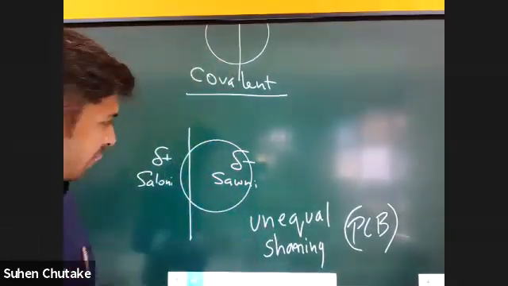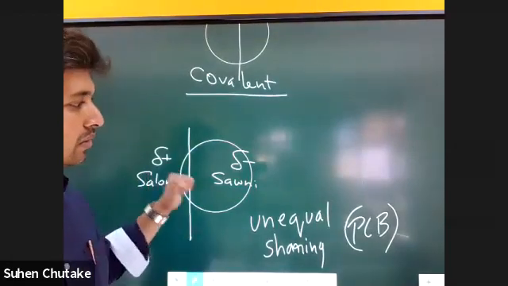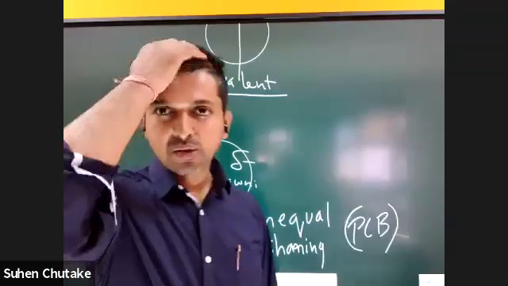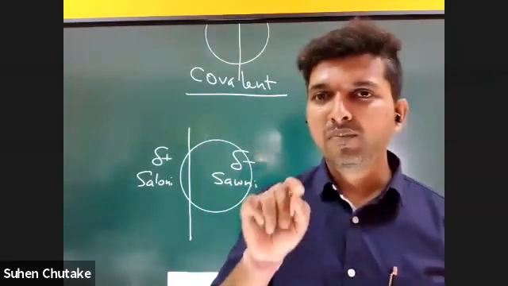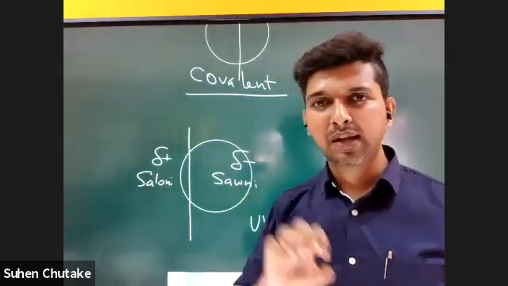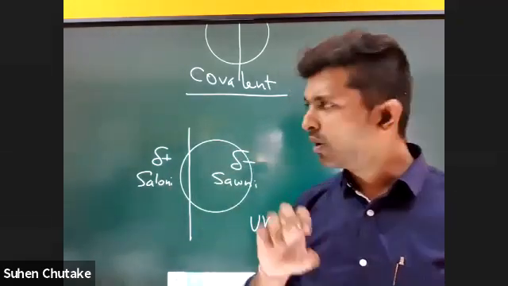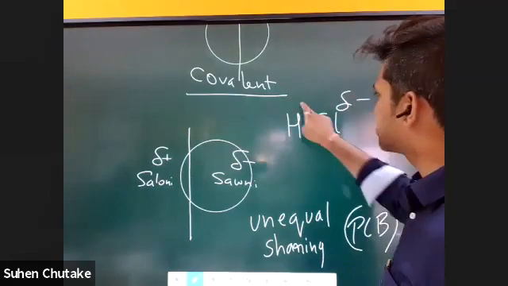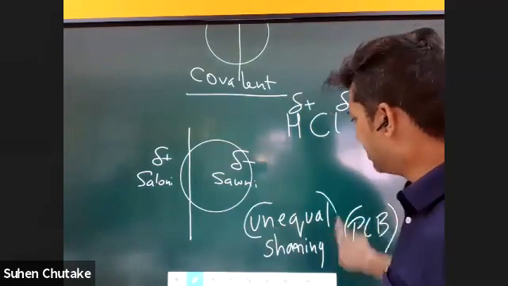Okay. So this is unequal sharing, right? And because of unequal sharing, what bond is formed? Polar covalent bond is formed. So as I was telling you, your polar covalent bond is formed because of unequal sharing. And I also told you that it is a mixture of ionic and covalent bond. So now what features does it have of the covalent bond? See, it is sharing, although it is unequal, but still it is sharing.